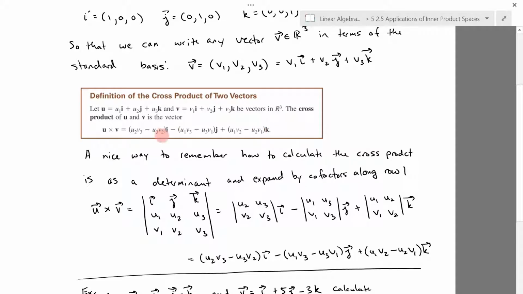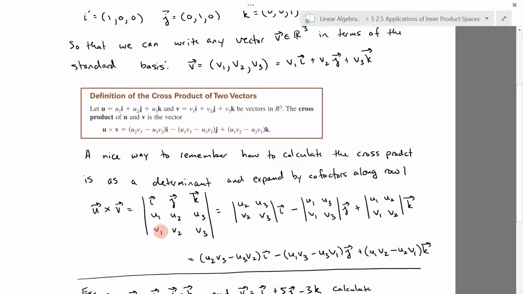However, another way to calculate this is to set it up as a 3x3 determinant. On the top row you write out the standard basis vectors i, j, and k. The second row are the three components of the vector u, and the third row are the three components of the vector v.